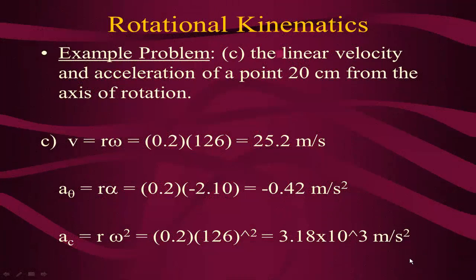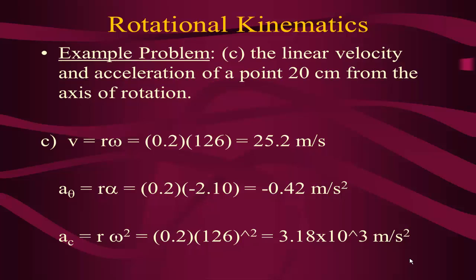In part C, they're now asking for linear quantities, the linear velocity and linear acceleration, at the instant it begins to slow down. So I know its initial angular velocity is 126 radians per second. I'm going to be using my connecting equations, the equations that connect angular quantities to my linear quantities. Here, velocity is just r omega to get me 25.2 meters per second.